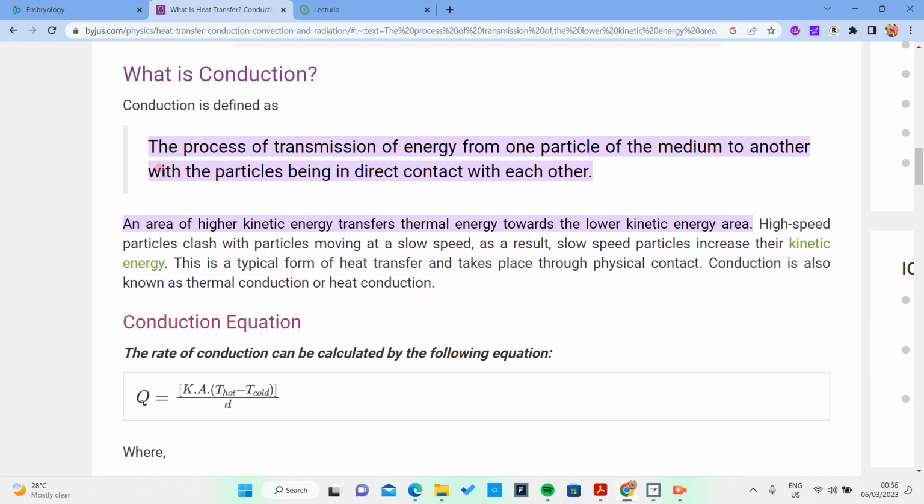And there is a formula for calculating the rate of conduction of heat energy. Take note that you have a rate for convection too, but it's a different formula. For solids, when you are dealing with conduction, the formula is for the rate of energy transfer.